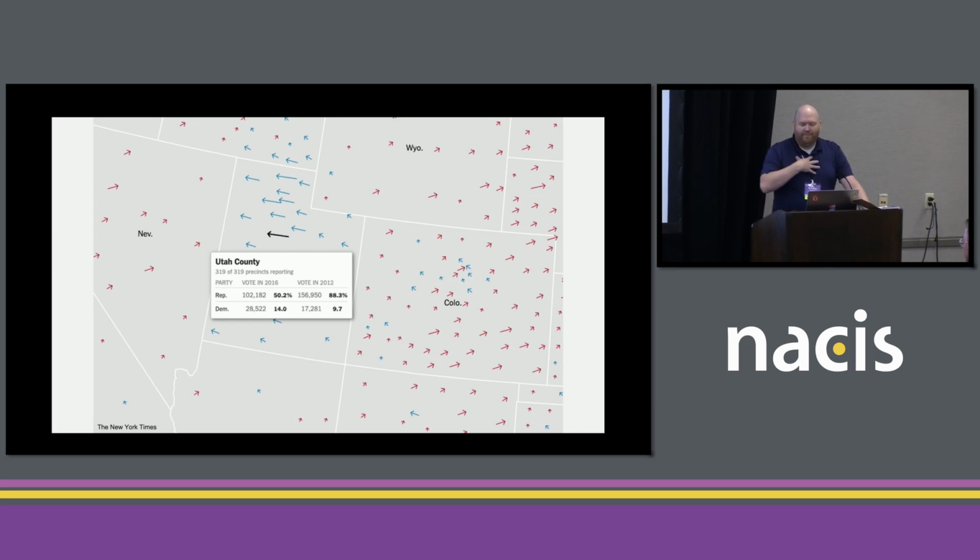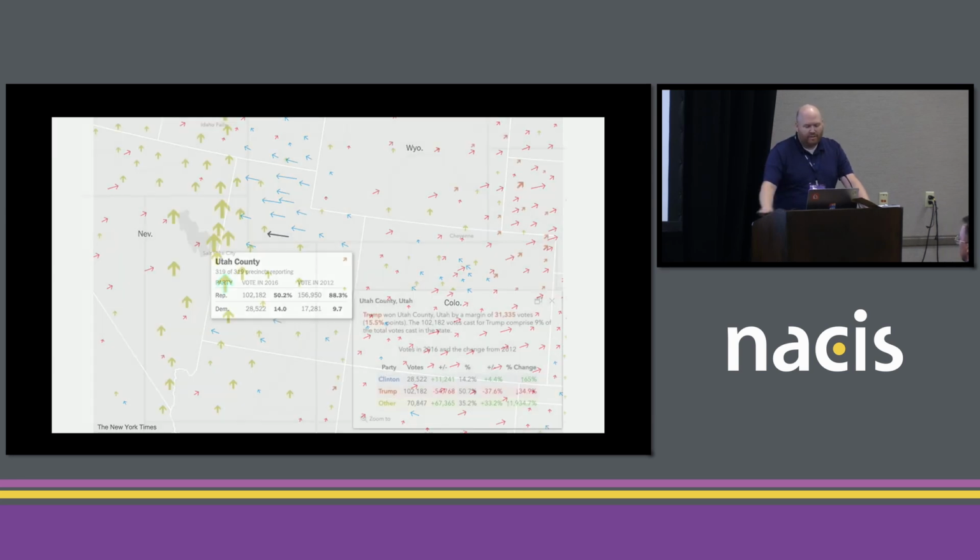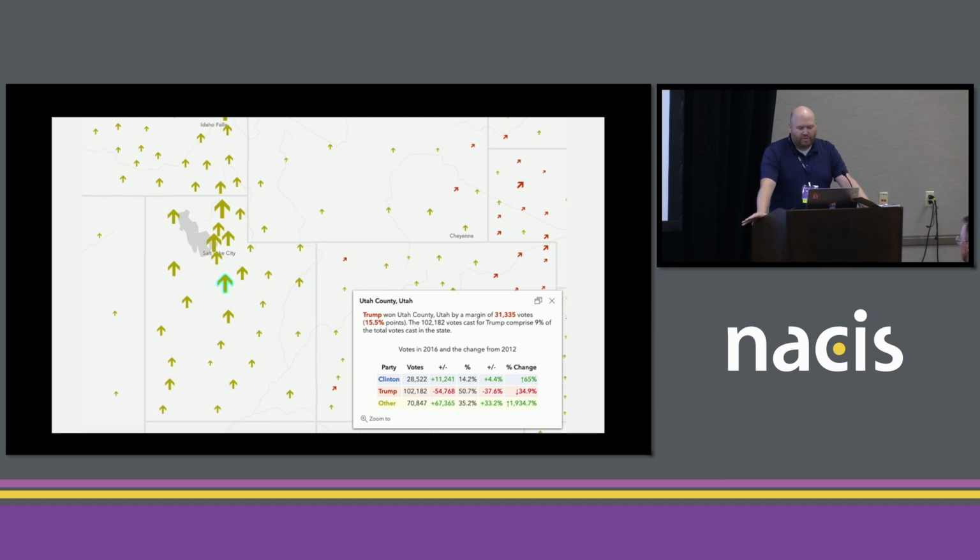And so I felt like there was an opportunity to add third-party candidates into this visualization. And so I created my own version of this map, which revealed this pattern instead. If you take a look at the pop-up, you'll see the same numbers there for Utah County, but instead of just showing the Democratic and Republican candidate compared with each other, there's a category for others.